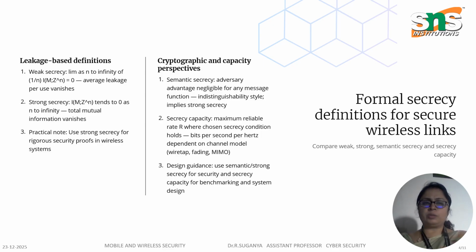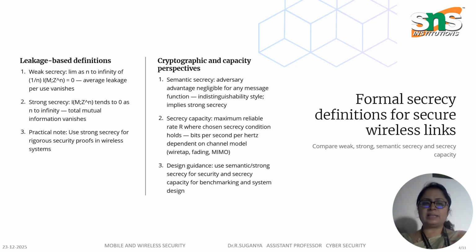According to the formulas that have been given, from cryptography and capacity perspectives, like semantic secrecy, which covers the meaning of the information, and capacity, how much it chooses, the maximum bits. Here we say the maximum reliable rate R, where the chosen secrecy condition holds, in bits per second per hertz, which depends on wiretap fading.